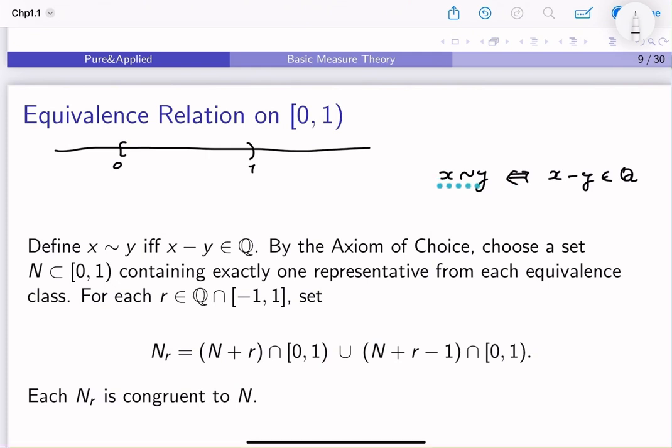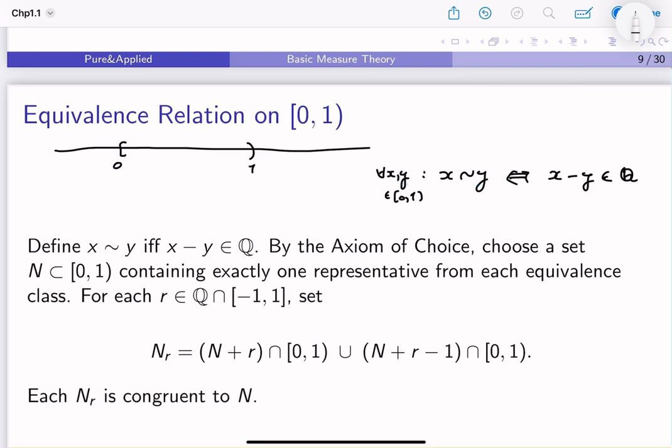So I'm abusing Q here for cube and rational numbers, but yeah, fancy Q for rational numbers. So we want to begin with this equivalence relation.